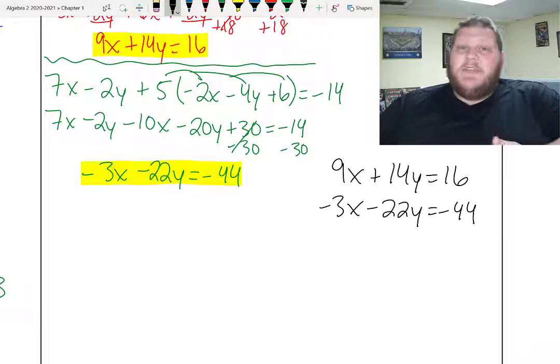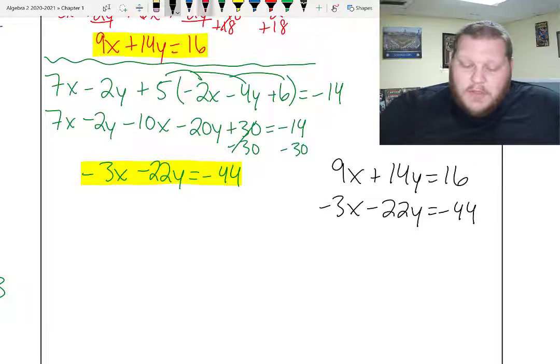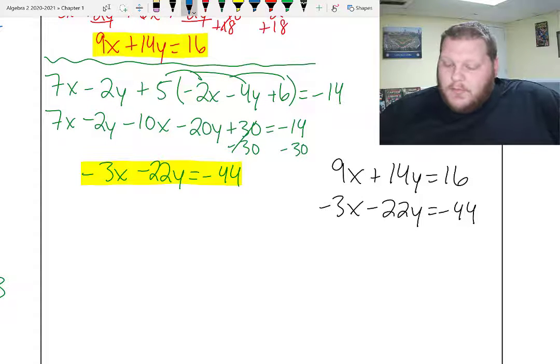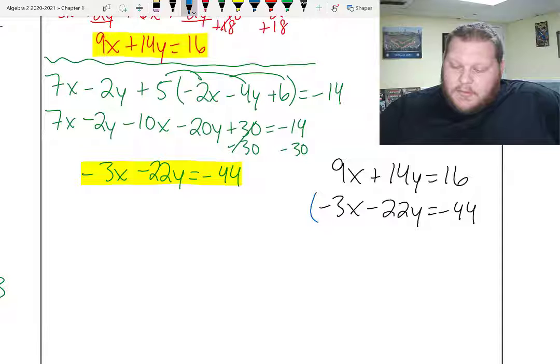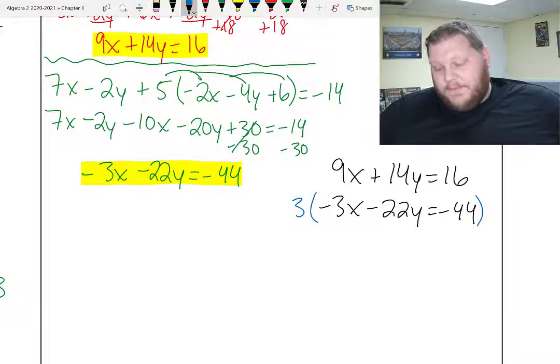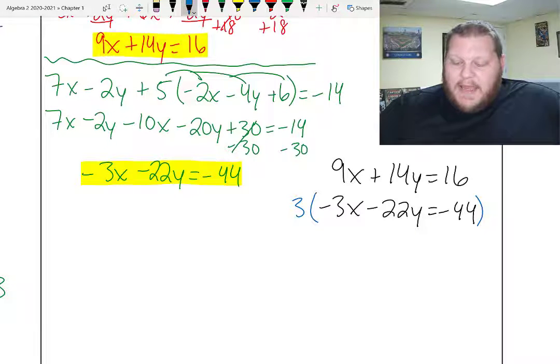Again, it's up to you how you want to continue with this problem. You could go to substitution again if you wanted to. In this case, I'm going to use elimination. I'm going to be multiplying by a positive 3 in this case, because I want to get rid of my x's in this one.